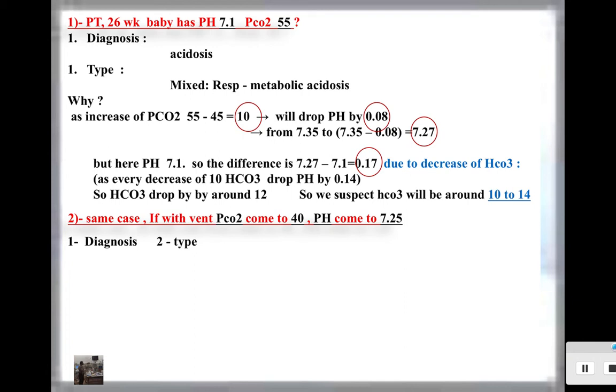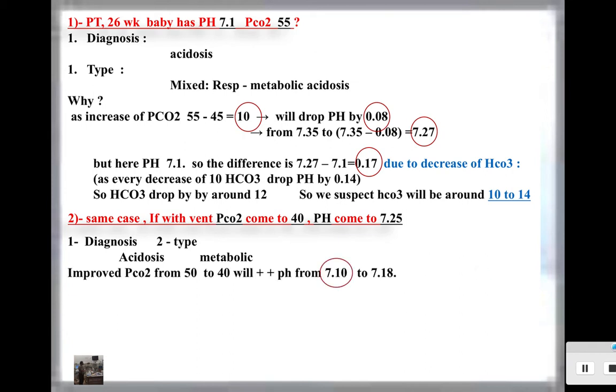So the decrease from 55 to 40 made the change from the previous pH of 7.10 to 7.25, or there is some improvement also in the bicarb, which we can also calculate. So this is a metabolic acidosis, and we suspect the pH will be improved by 0.08, so it would be 7.18, not 7.25.